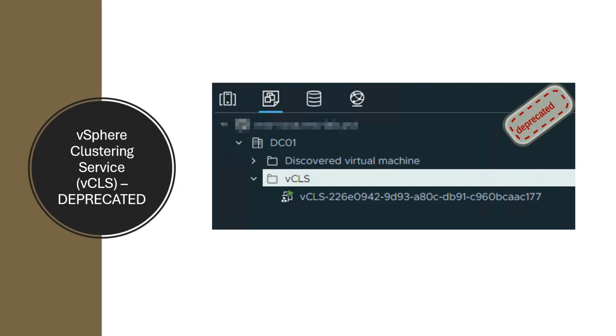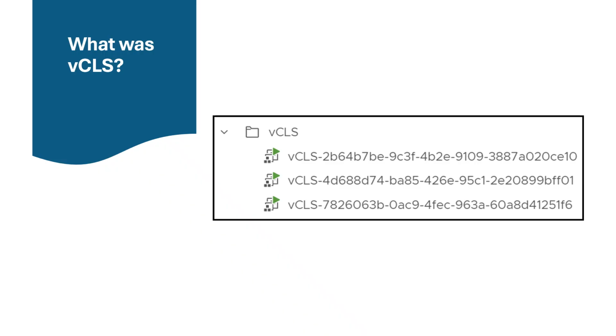All right, let's start with the first and most confusing one, vCLS. vCLS stands for vSphere Clustering Service. If you have worked on vSphere 7 and 8, you have definitely seen vCLS VMs. Let's try to understand what vCLS was.